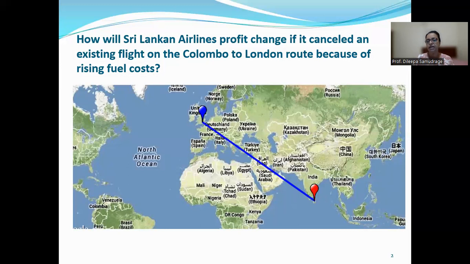That could be answered through CVP analysis, right? So that is one instance. What will happen to Sri Lankan Airlines profit if they stop a flight on the Colombo to London route?